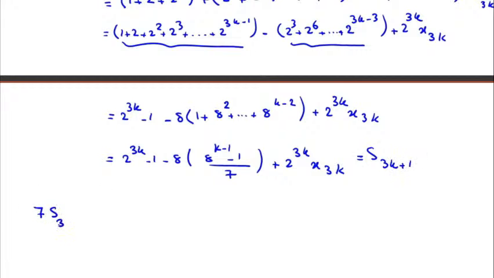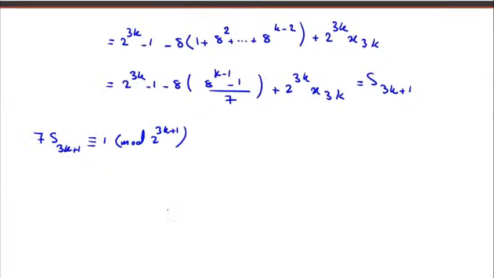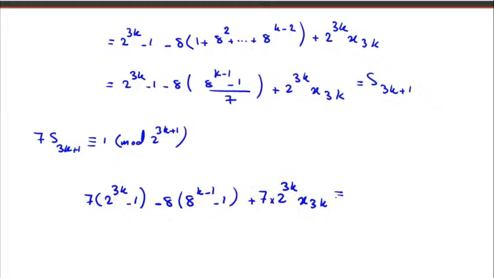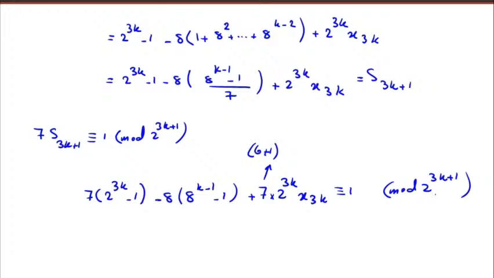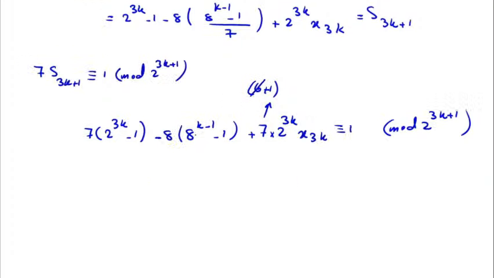Now, we know that S_{3k+1} is 1 mod 2^{3k+1}. So, we can say, if we multiply by 7, it will be 7 times (2^{3k} minus 1) minus 8 times (8^{k-1} minus 1) plus 7 times 2^{3k} x_{3k} is congruent to 1 mod 2^{3k+1}. Now I can say 7 is 6 plus 1. So 6 times 2^{3k} mod 2^{3k+1} is 0, because it is a multiple of that, so we don't need to calculate that.